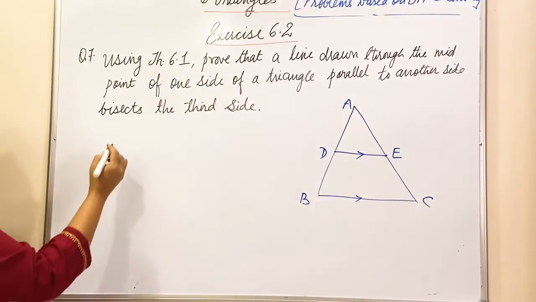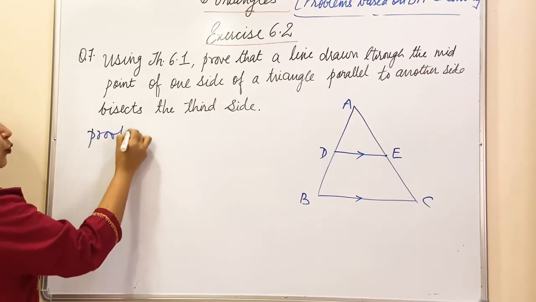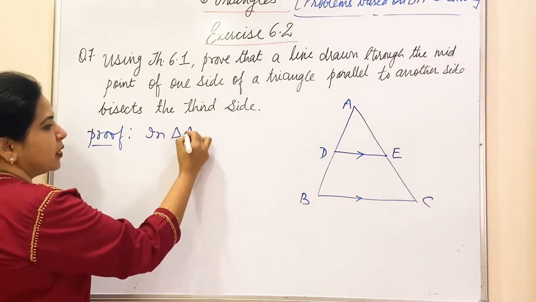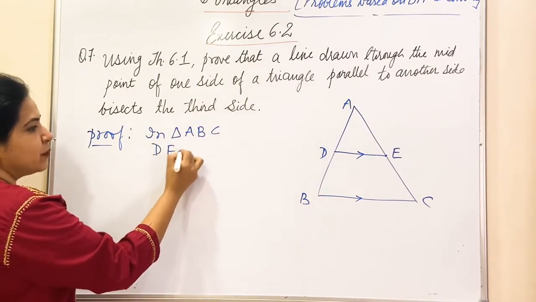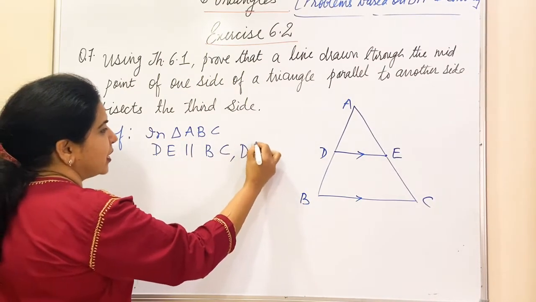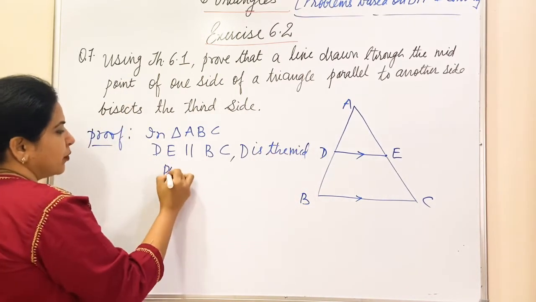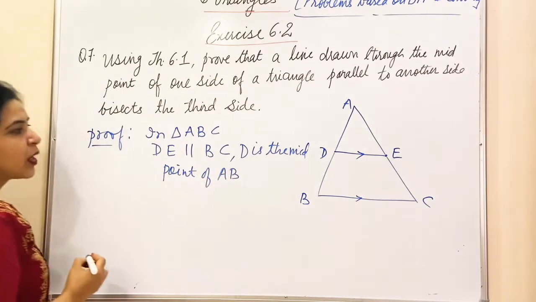Okay. So here you can write given, to prove, and then the proof. Here in triangle ABC, given DE is parallel to BC and D is the midpoint of AB. Okay.